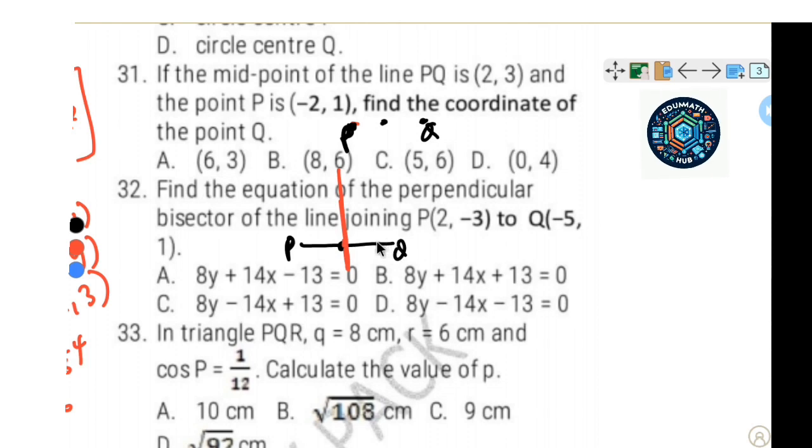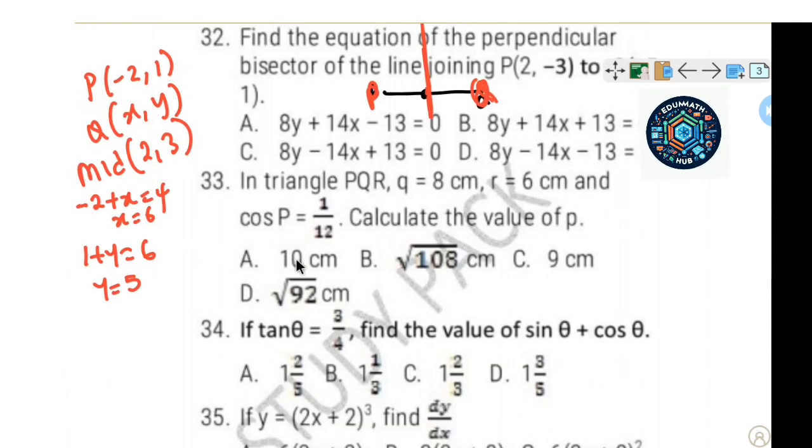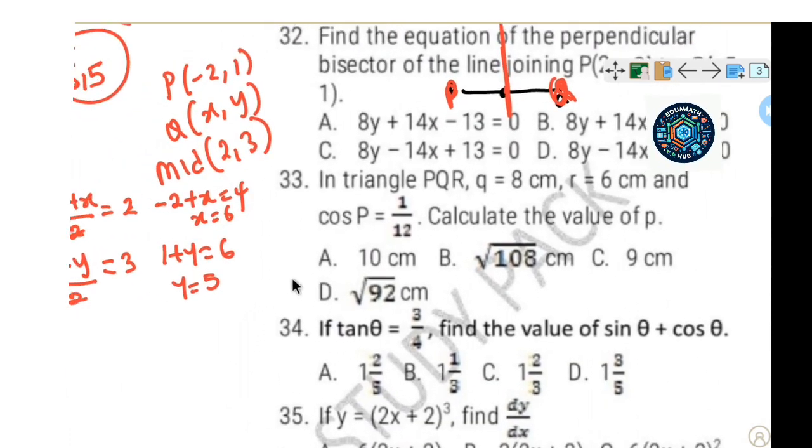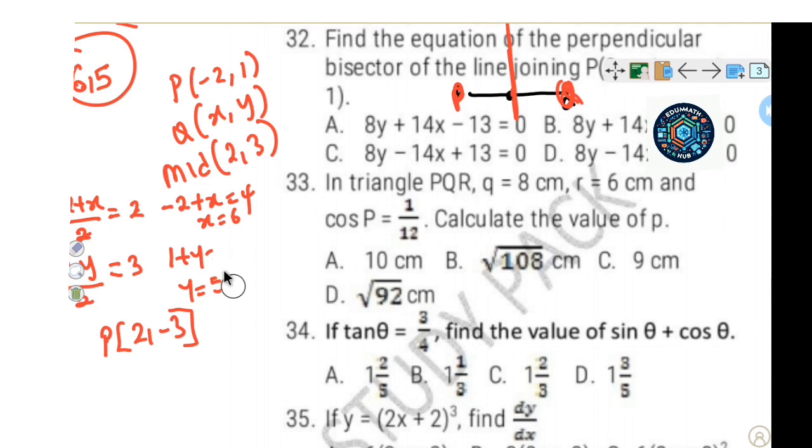Okay, I'll give you the formula you're going to use. So the first thing to do is to find the gradient of line PQ. Okay, you need to know the gradient of this line joining P to Q. So let us bring those points out. So P is 2, minus 3. So this is point P, 2, minus 3. Let me just erase all these ones out.